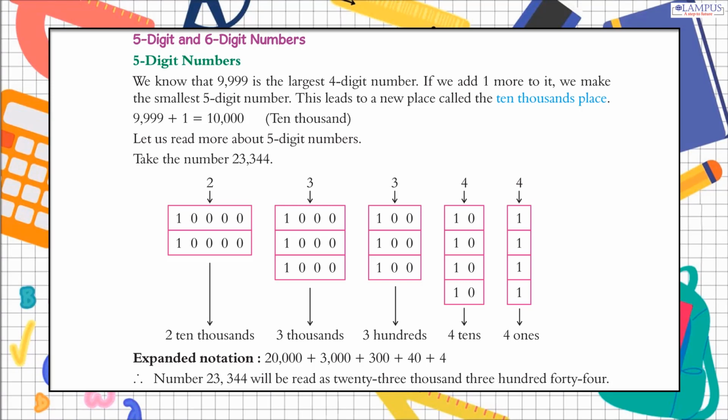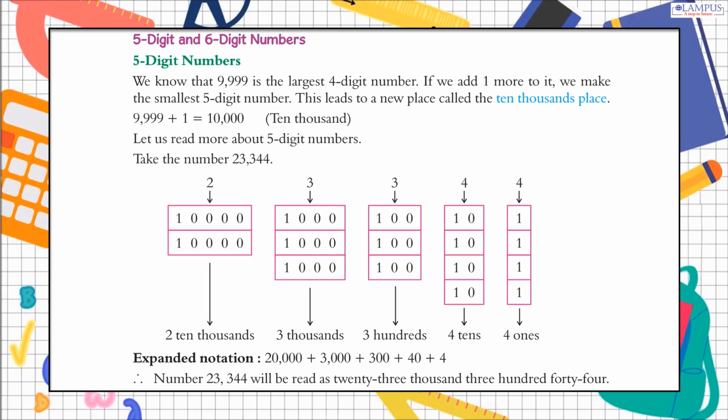Let us read more about 5-digit numbers. Take the number 23,344. 4. 1. 4 ones. 4. 10. 4 tens. 3. 100. 3 hundreds. 3. 1,000. 3 thousands. 2. 10,000. 2 10,000s.